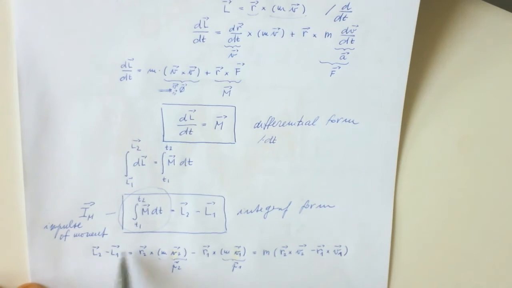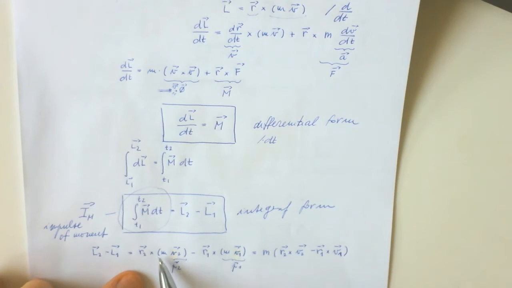We can continue. This difference L2 minus L1 is equal to r2 by, this is the vector multiplication sign, p, and p is m by v, the momentum, minus the angular momentum at state 1.